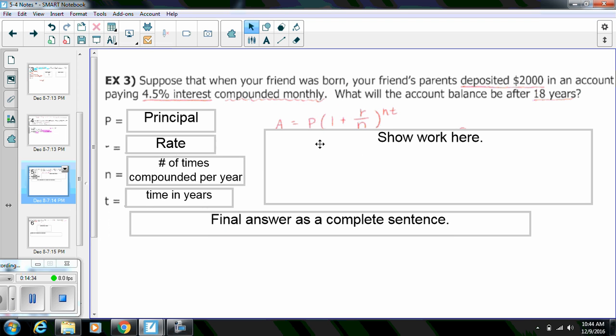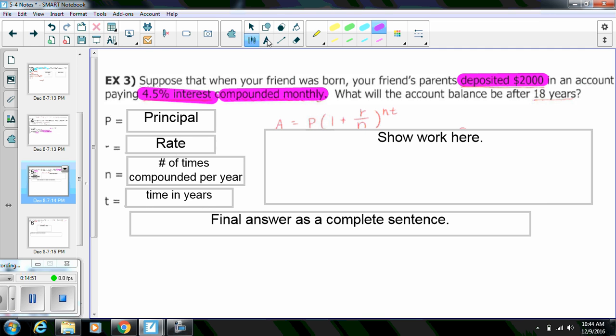Suppose that when your friend was born, your friend's parents deposited, that's a key word, $2,000 into an account, paying an interest rate of 4.5% compounded monthly. Remember, we just talked about this.